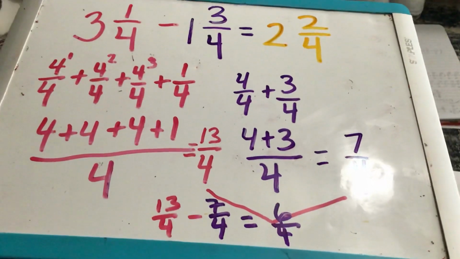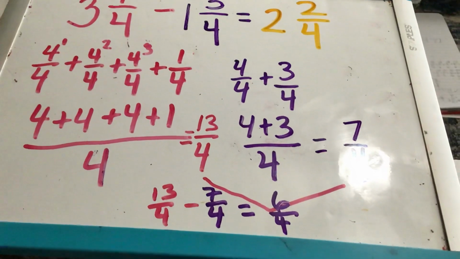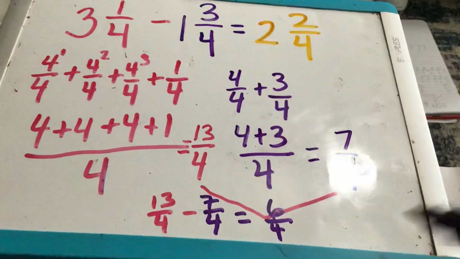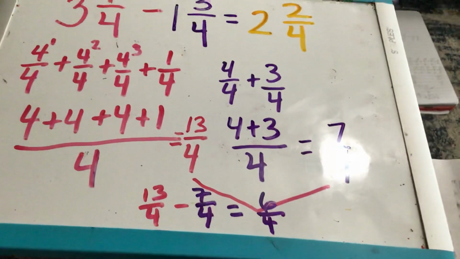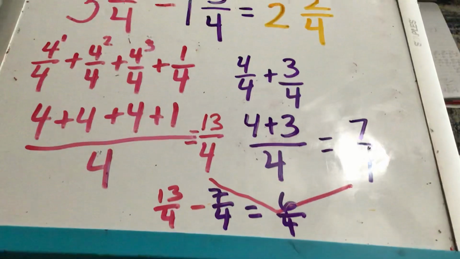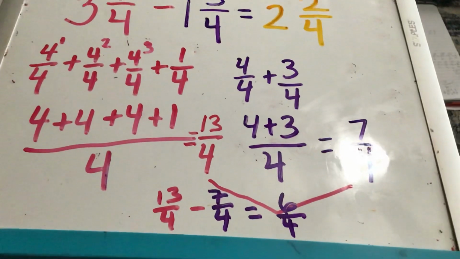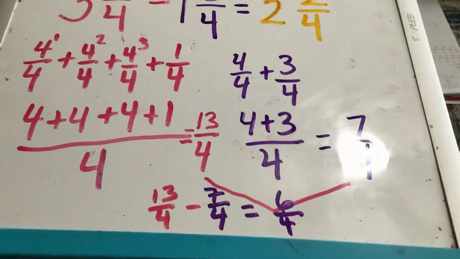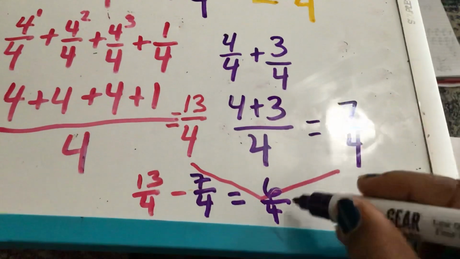Now, how can we get 6 over 4 in simplest form? We'll say, how many times can 4 go into 6? 4 can only go 1 time, because 4 times 1 is 4. If 4 could go into 6 2 times, we would be over the 6. So it only goes into the 6 1 time.